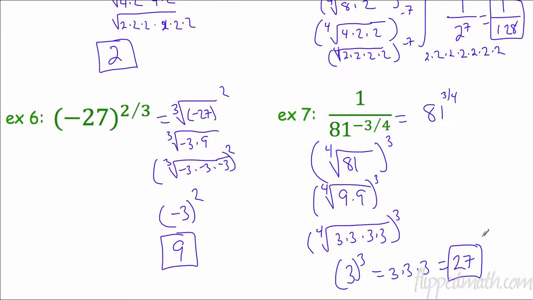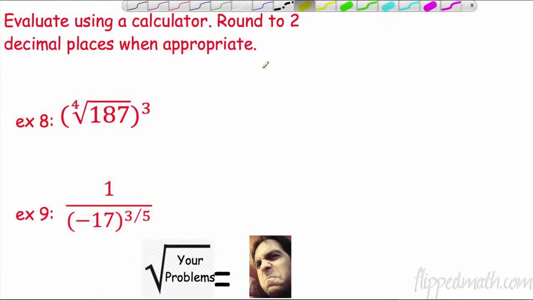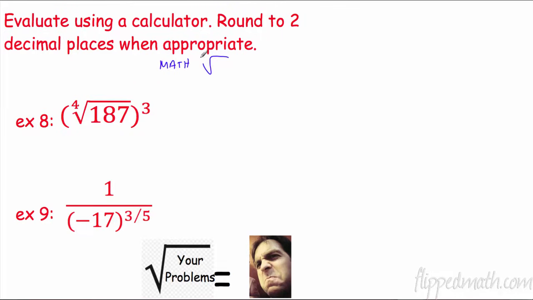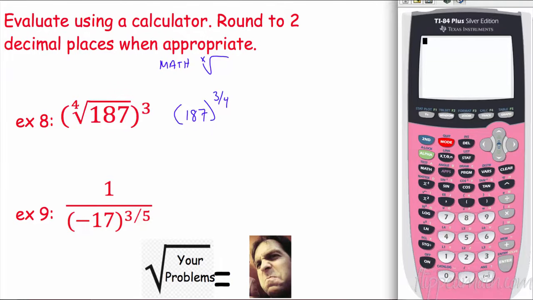All right? All right, so we're going to put these in our calculator. The easiest way to put these in our calculator, there is a root button. If you go to the math, all right, there's a root button. You can take roots, but I think the easiest way to do these is to change them to rational exponents. So this is 81 to the 3/4 power. Remember that the one I'm taking the power is on top, all right? So let's take a look at how that would look over here.